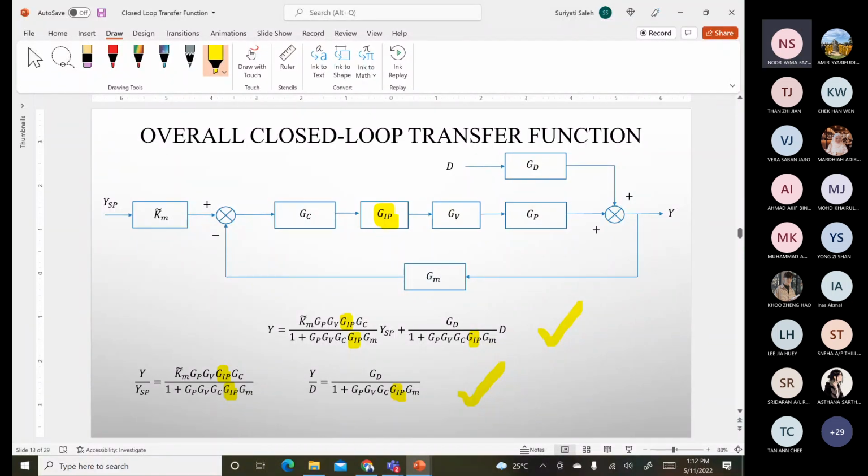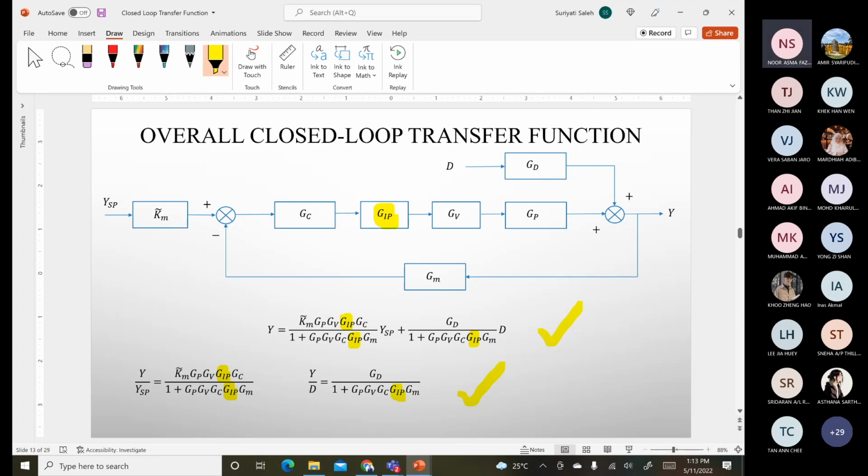This information, I think, is not available in your textbook, so please understand carefully. Of course, later on, I will provide an additional tutorial for you to enhance your understanding. So for the time being, there are two block diagrams, the standard one without the IP, or the alternative one with the IP.